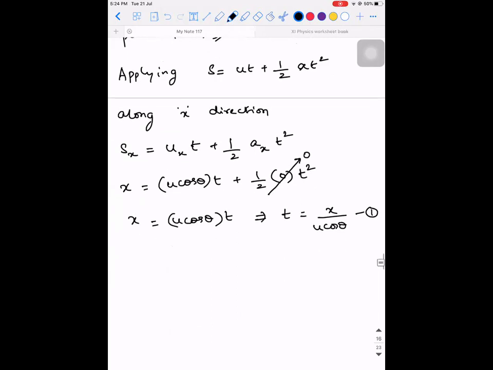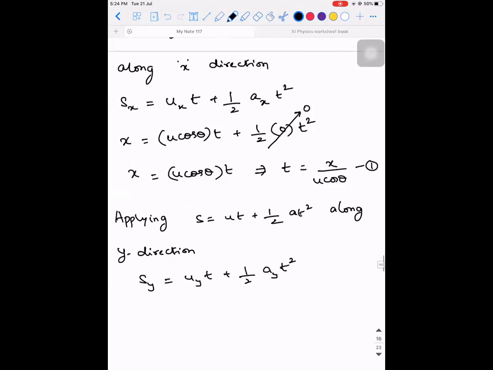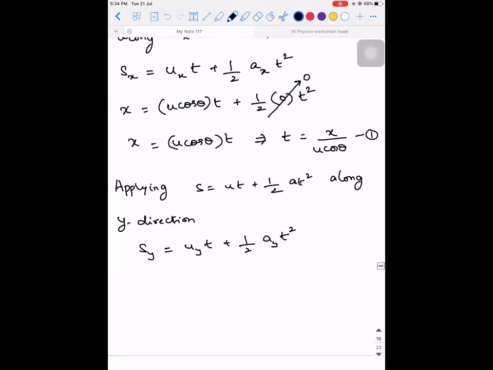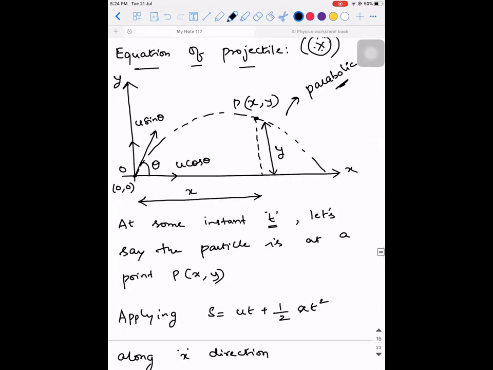Similarly, applying s is equal to ut plus half at square along the y direction, what do you get? Sy is equal to uy into t plus half into ay into t square. What is the displacement of the particle along the y direction? Look at the diagram, you'll get the answer.